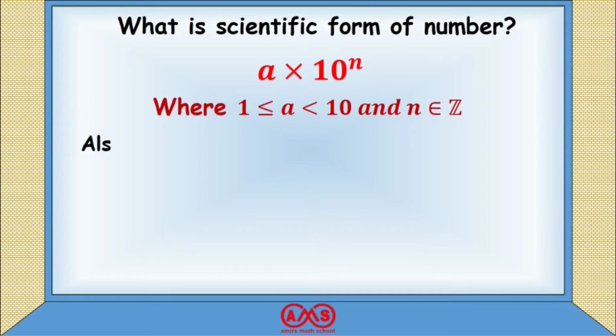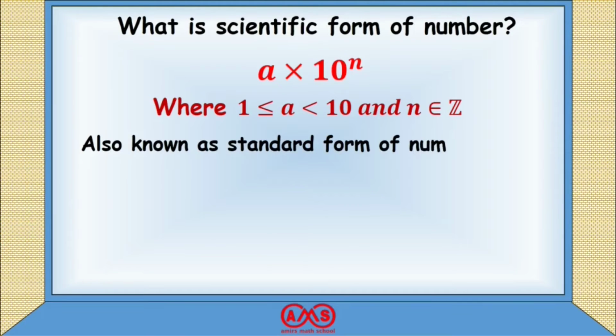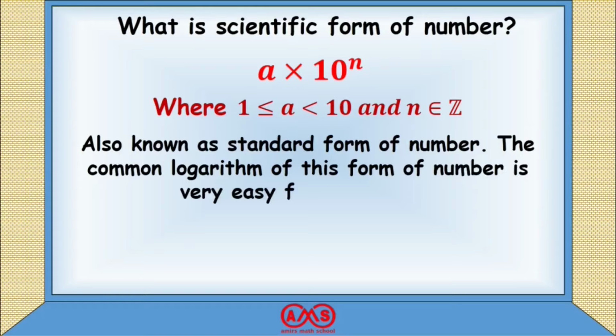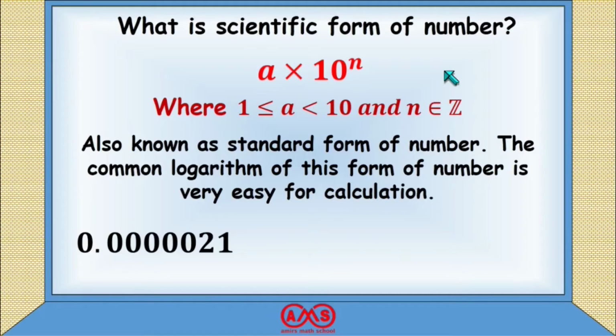This form of number is also known as the standard form of a number. The common logarithm of this form of number is very easy for calculation. So let's see one example: 0.0000021. If we want to write this number in scientific form, what should we write?